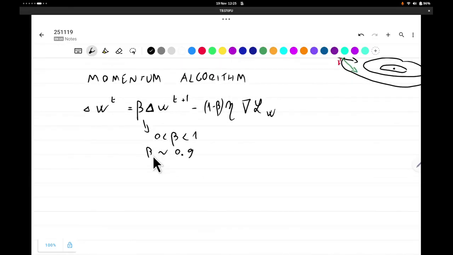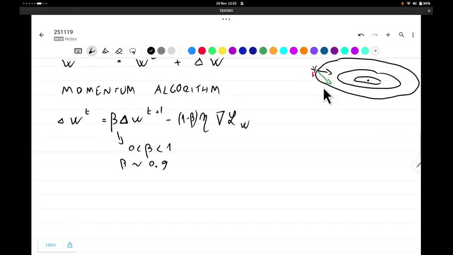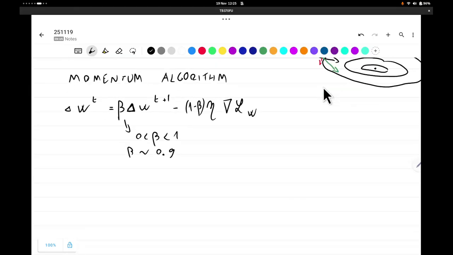So you build up momentum in the shallow direction and dampen momentum in the steep direction. So the update will speed up in the slow direction and slow down in the fast direction, so that you balance the achievement of the minimum.